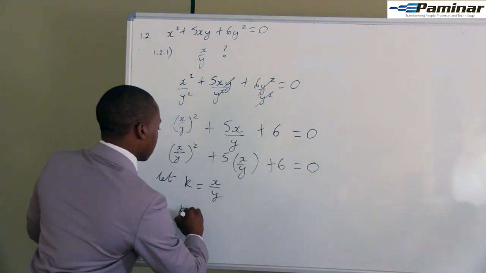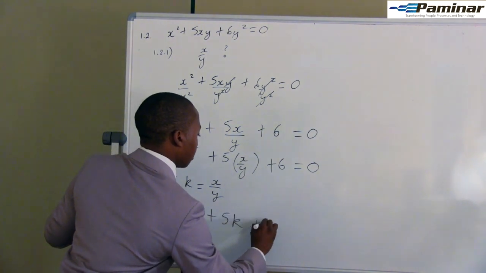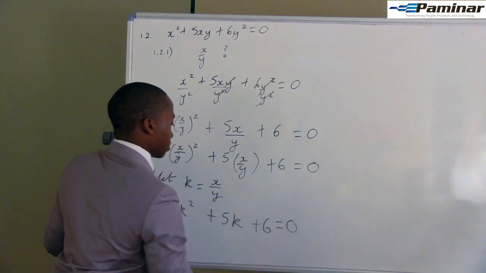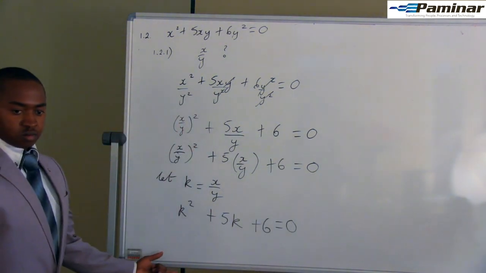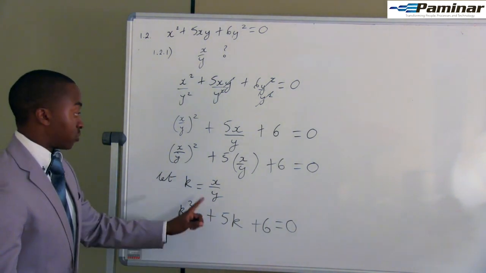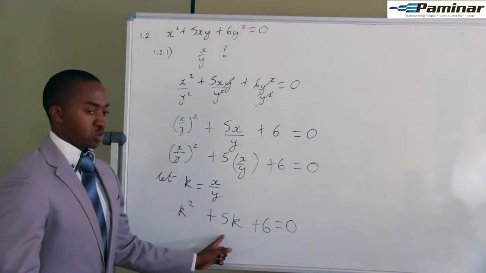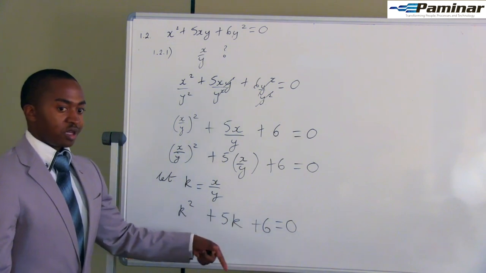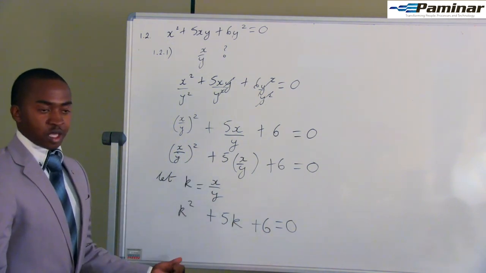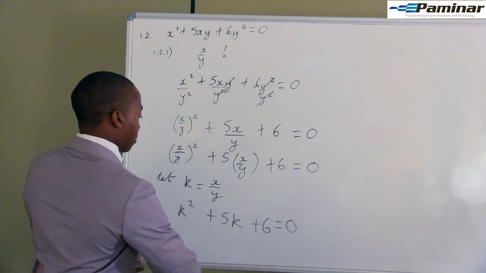This becomes k squared plus 5k plus 6 is equal to 0. Can you see this is easier to solve now that we've done that substitution. We do this in order for us to solve for k first, then eventually we will know what x over y is.